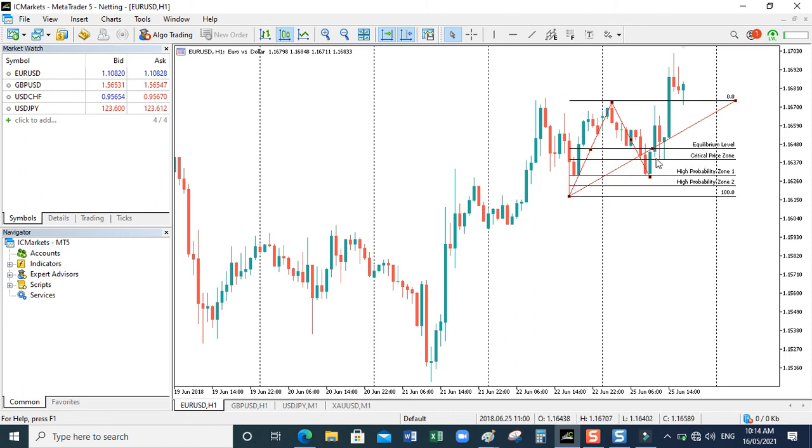So this is 62, this is 50. Can you see this is the half of this movement?